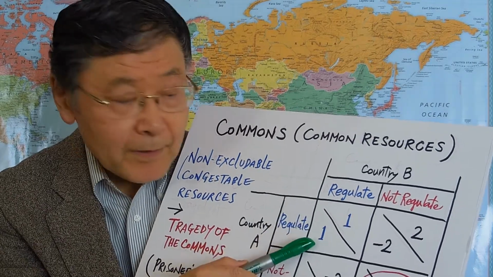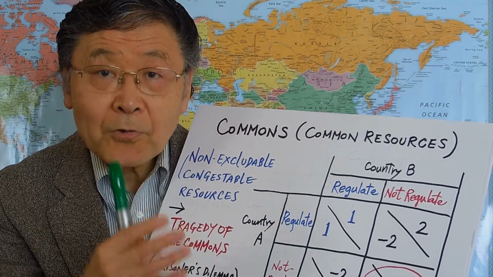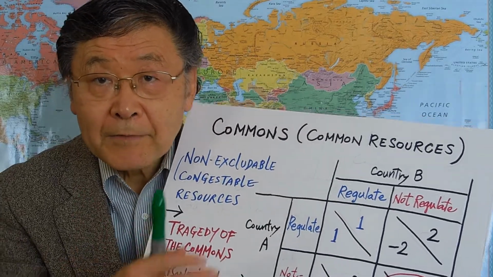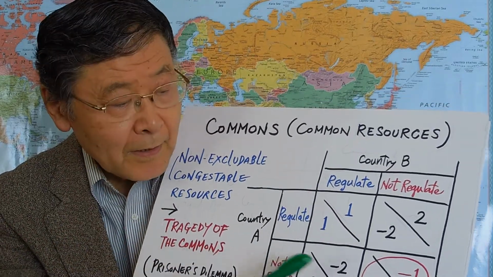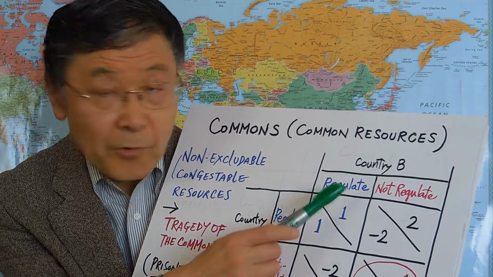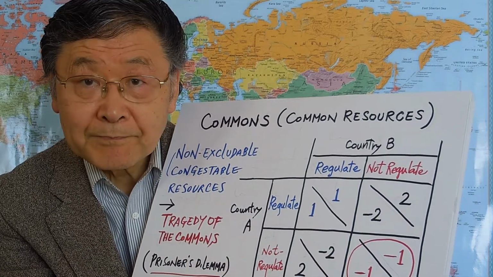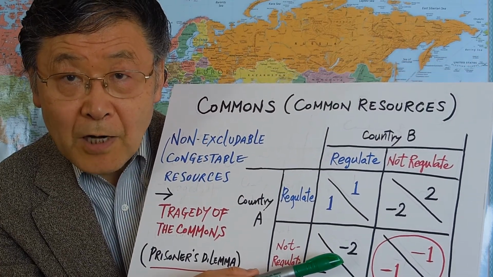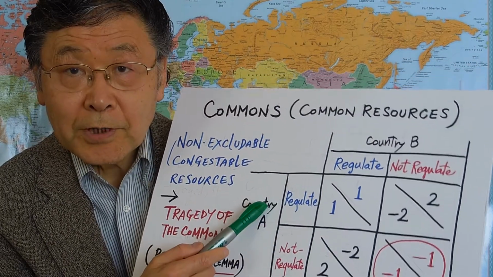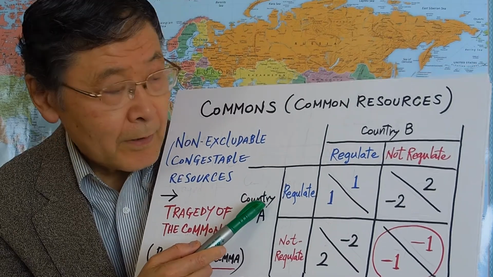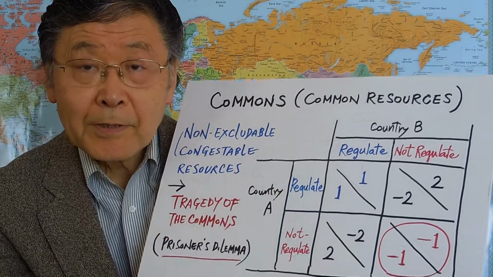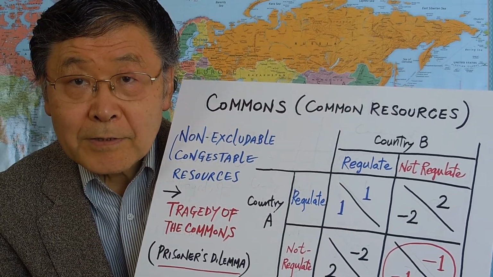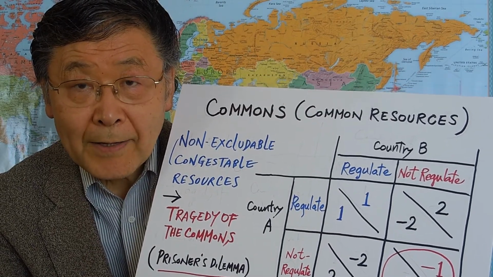If neither regulates, then they will be polluted, affecting the global climate, and that's bad for both countries, so that's minus. Then it seems obvious that they should get together to cooperate in regulation. However, in the real world, this kind of agreement is hard to come by.